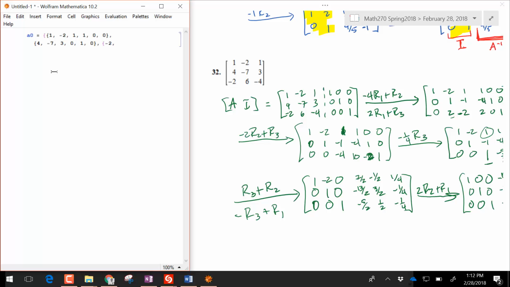Minus 2, 6, negative 4. So I like using this because it's, did you find it? Negative 2.